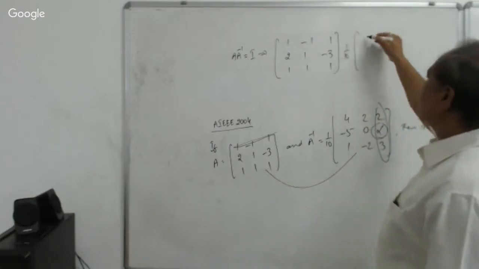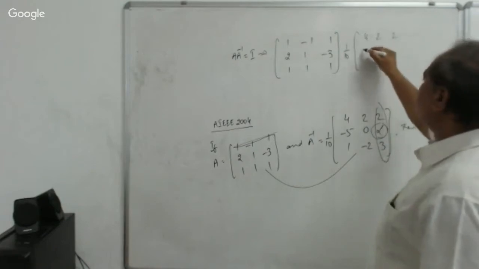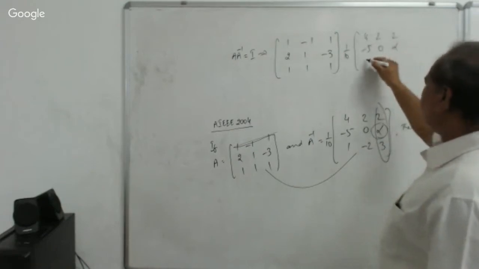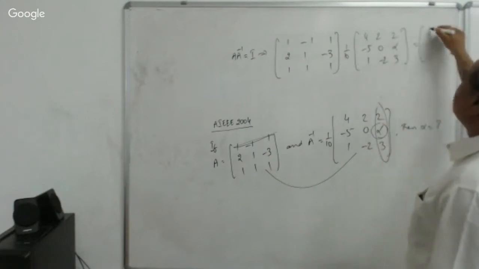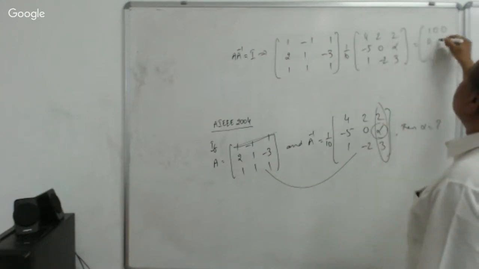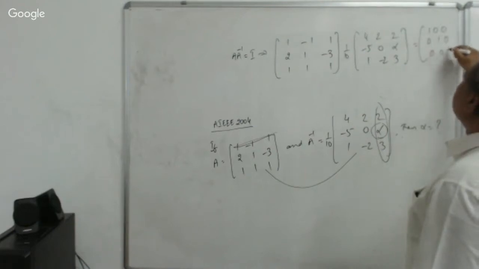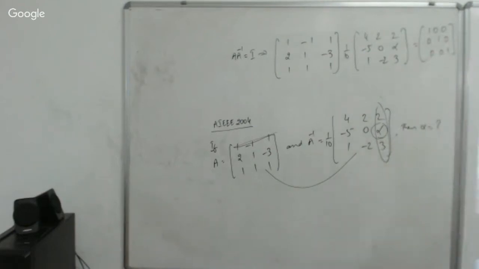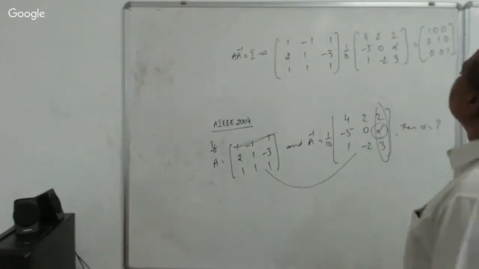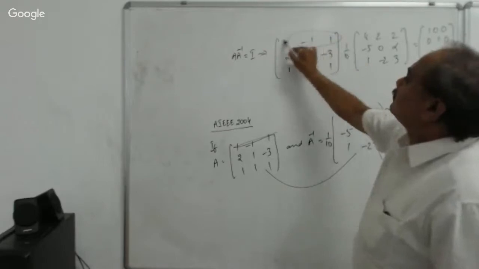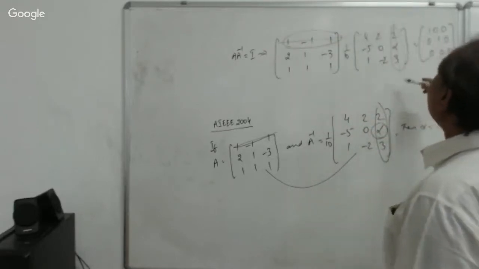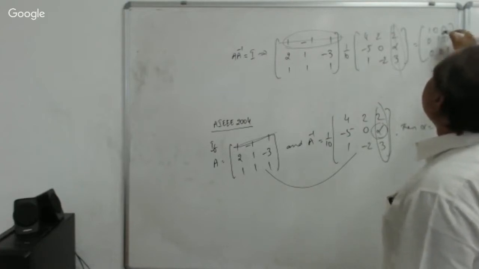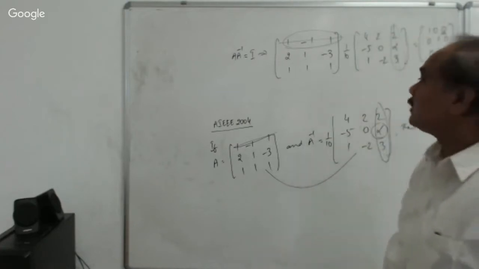But we are at the learning stage. That's why I'm writing all the steps in detail. Later, you can reduce those steps also, by doing direct steps. Now multiply first row with third column and equate to zero, you get the answer.